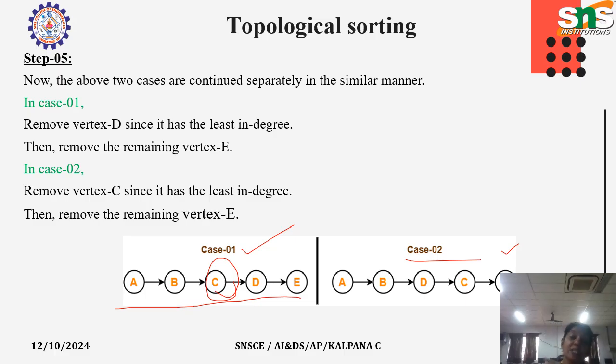Based on the in degrees, we are calculating the topological ordering of the graph. Once a vertex has 0 in degree, that is considered the least in degree, and we remove it from the graph. In the same way, we repeat this process till we process all the vertices. Thank you.